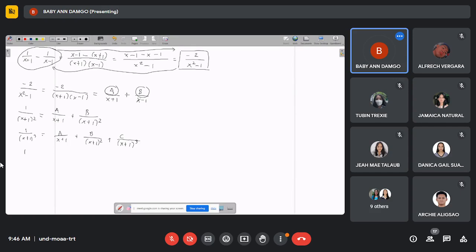It is the same idea as number 2, but the difference is the numerator is a binomial. Plus cx plus d all over x squared plus x plus 1 to the power of 2.